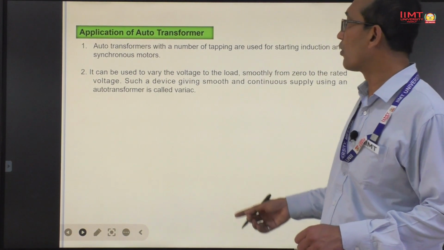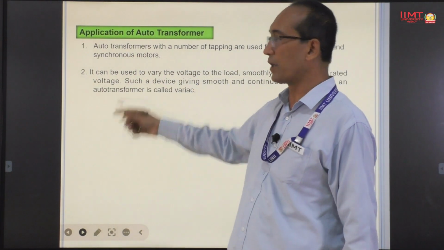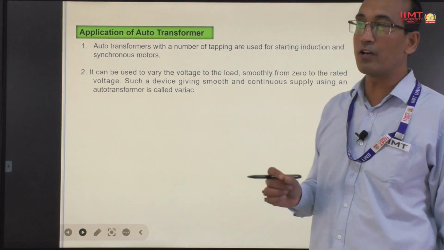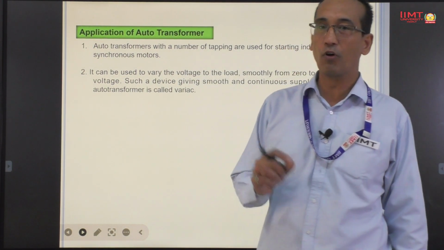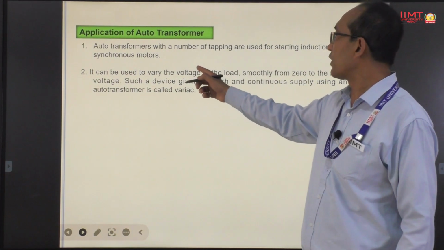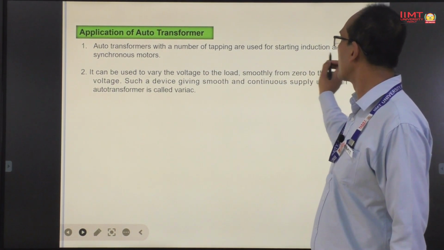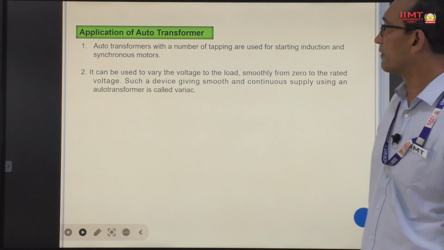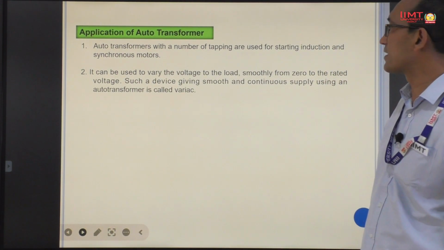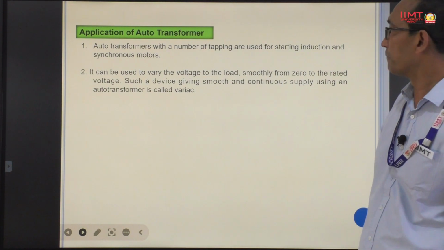But in case of auto transformer, we can vary the value of voltage even by a single volt, 1 volt. So auto transformer in case of induction motor and synchronous motor starting is a very good application, and this is known as the variac here.